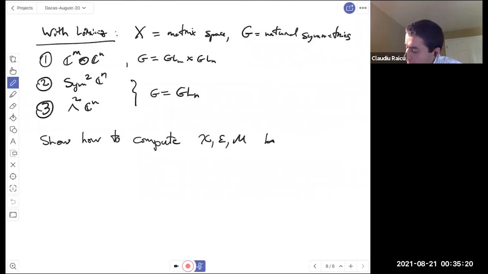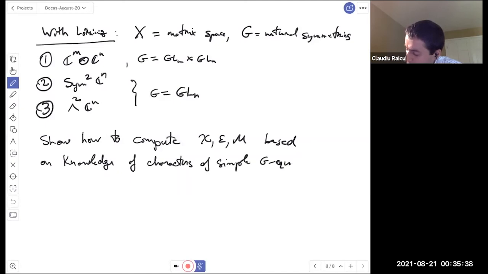They are based on the knowledge of the characters of simple equivariant D-modules. So what do I really mean by this?